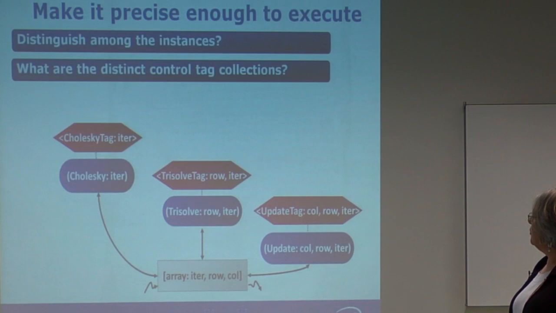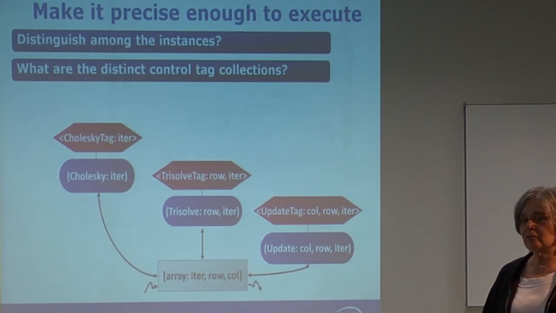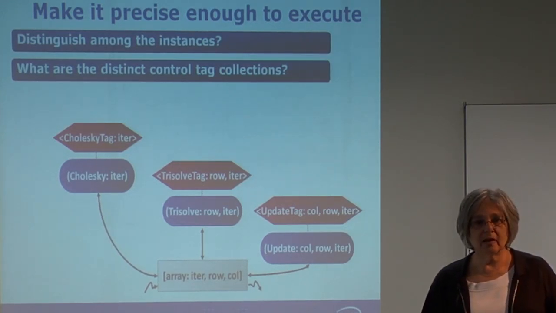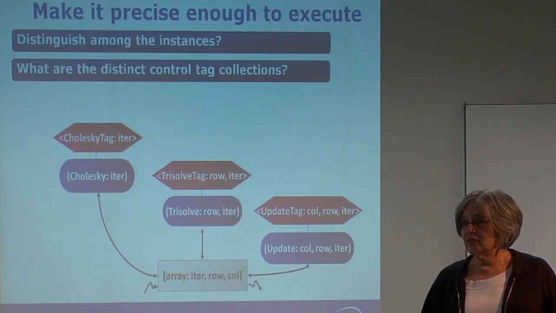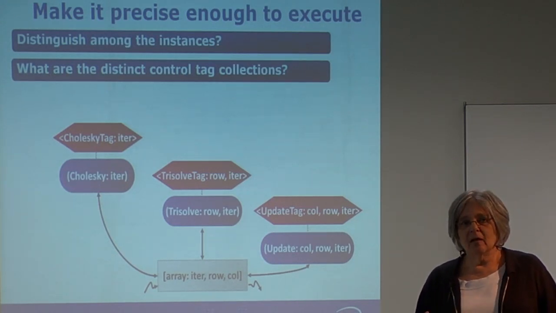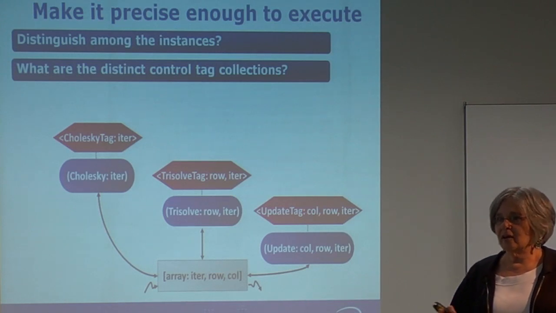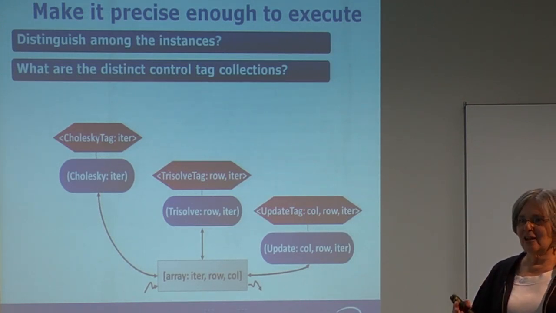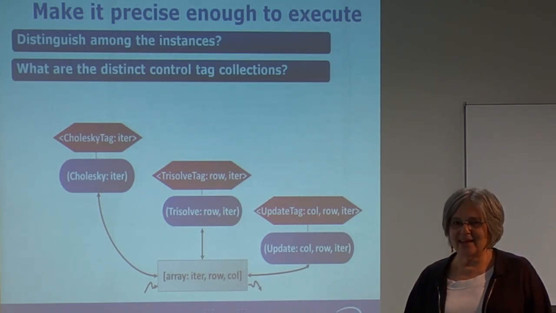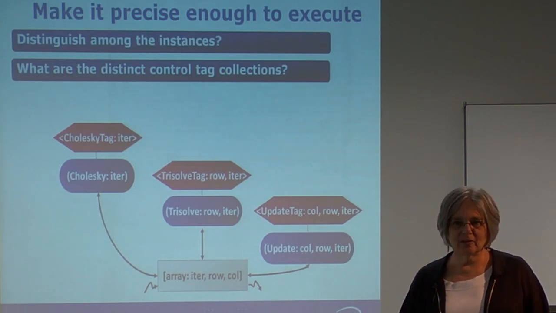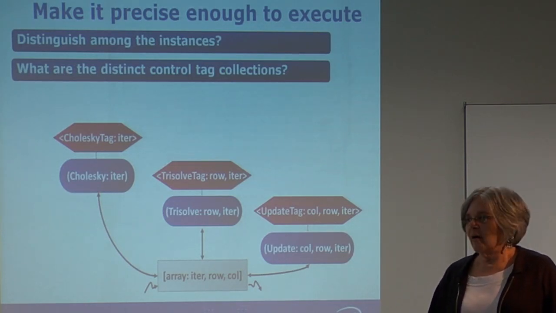Okay. The next question is, what are the distinct control tag collections? So it turns out in this case that each of the 3 computations is controlled by 3 separate control tag collections. That's not necessarily true. You could have a collection that has identified financial options or genes or something like that, and you want to do a couple of different things with each one of those.